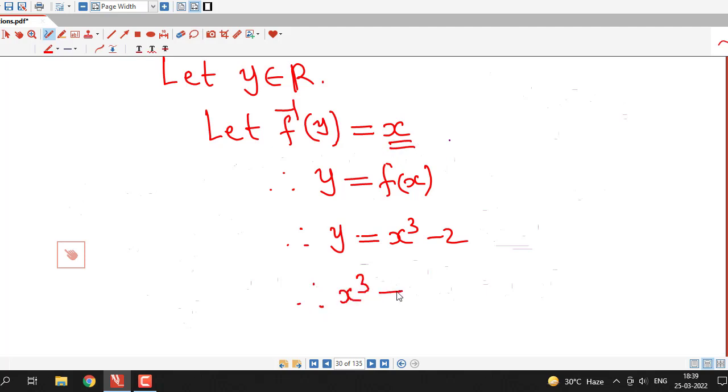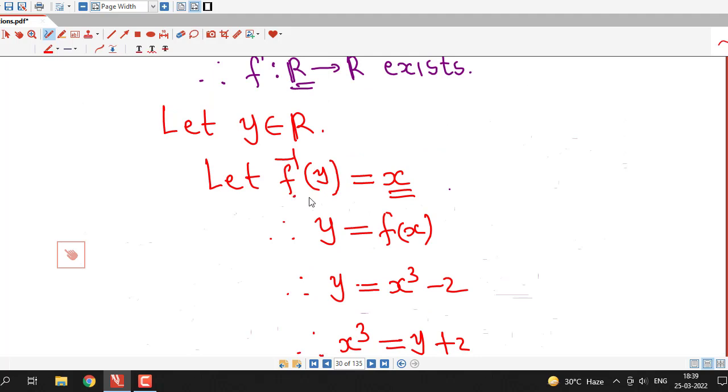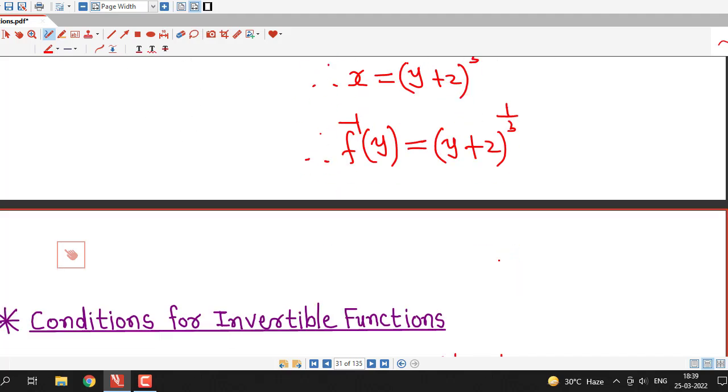Therefore x cube equals y plus 2, and therefore x equals (y plus 2) raised to 1 by 3, and x is nothing but f inverse y. Hence we obtain the formula for f inverse. The image of y under f inverse is (y plus 2) raised to 1 by 3. So this is the formula of the inverse function.